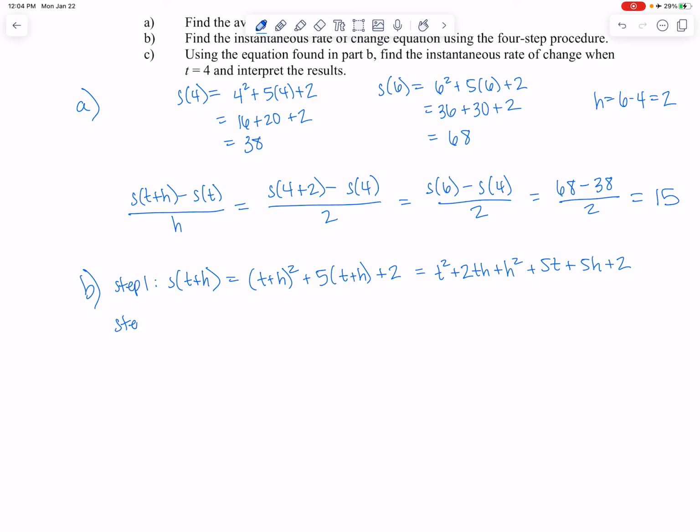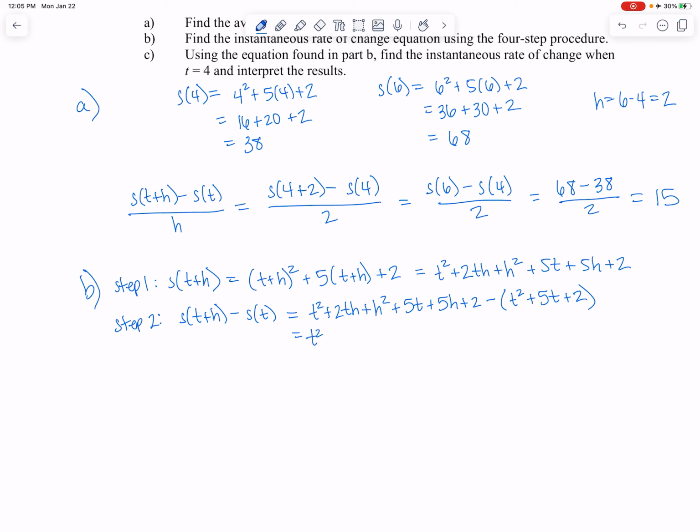Step 2, s of t plus h minus s of t, t squared plus 2th plus h squared plus 5t plus 5h plus 2 minus t squared plus 5t plus 2.